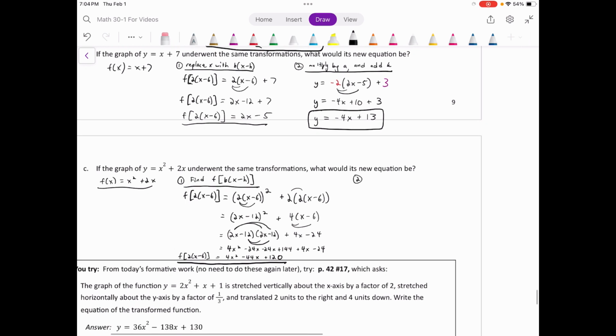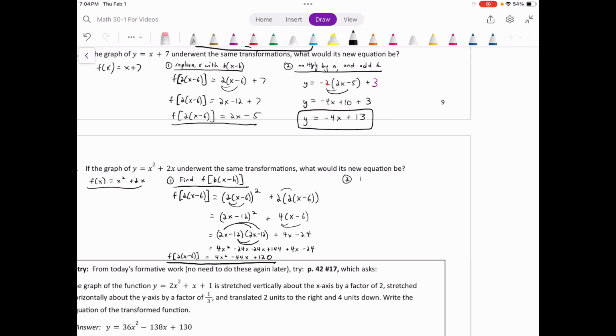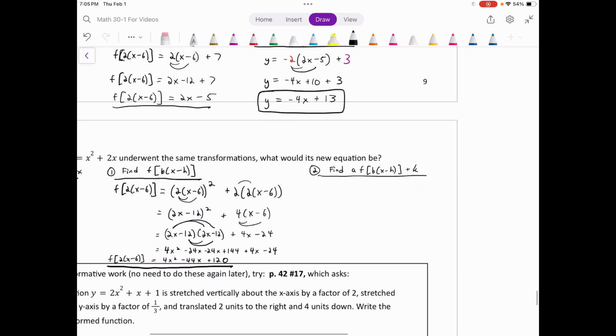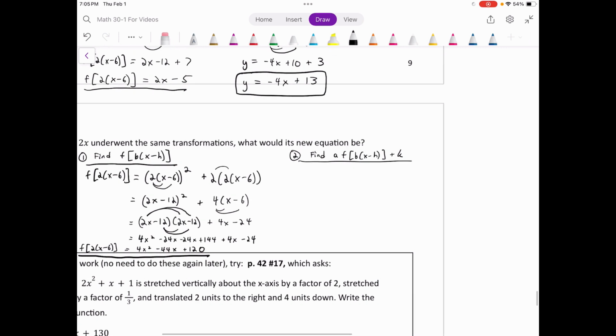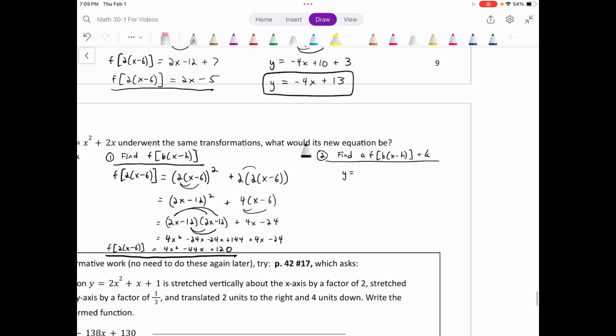So step 2, essentially now we find negative 2 f of, well, a f, I'll just keep it general up here, find a f of bx minus h plus k, right? But we'll make it specific to ours when it's actually time to do it. So the general equation of the transformed function is going to be y equals a times this, right?